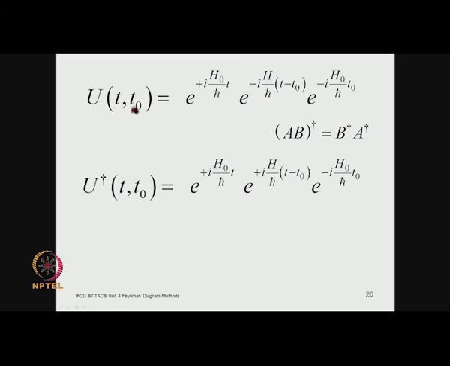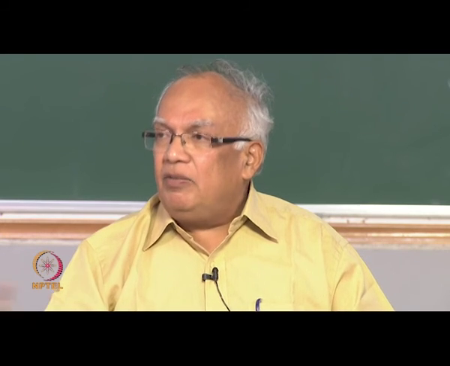If you take the adjoint of this operator, you get the adjoint of this, then the adjoint of this, and the adjoint of this comes over here, and essentially you find that this is also a unitary operator. So, in the interaction picture also you have got the time evolution described by a unitary operator.